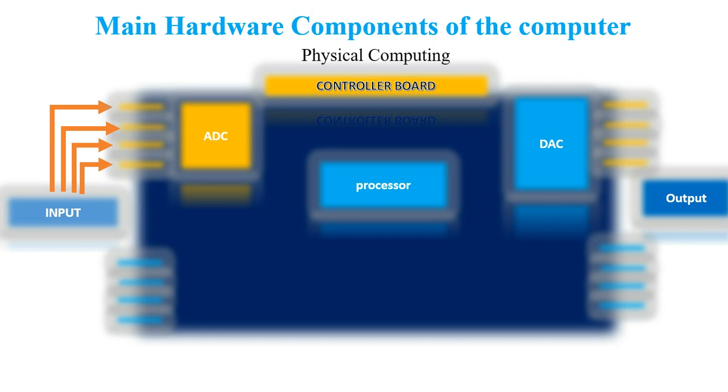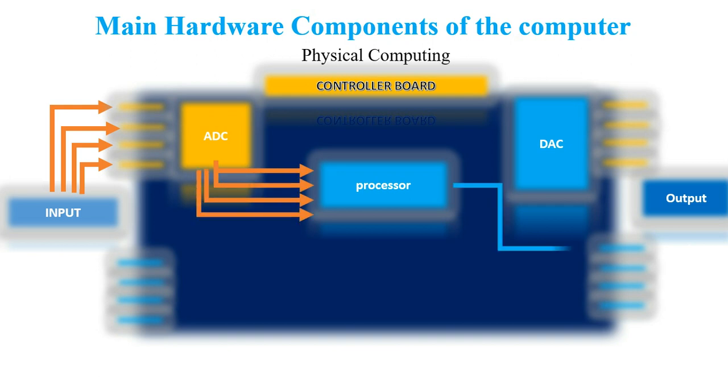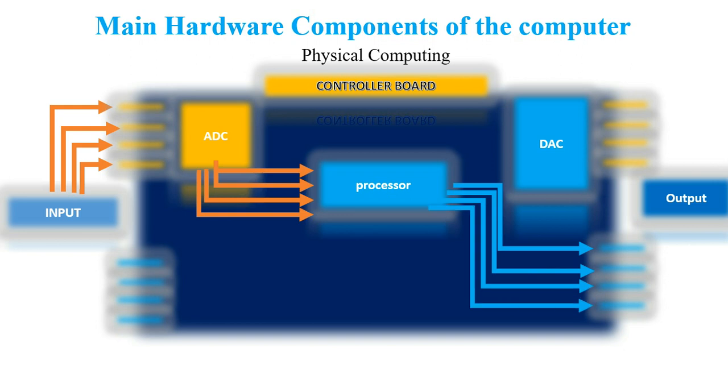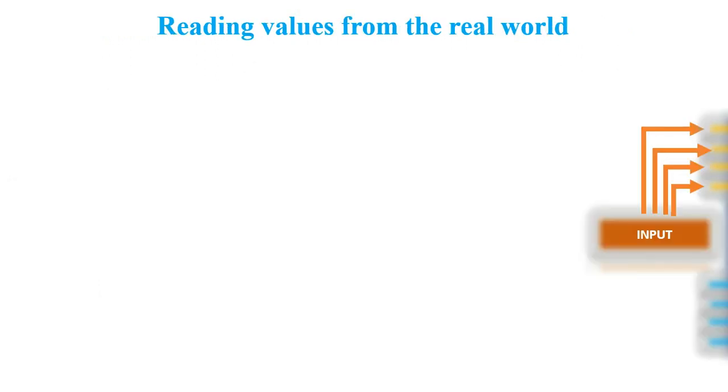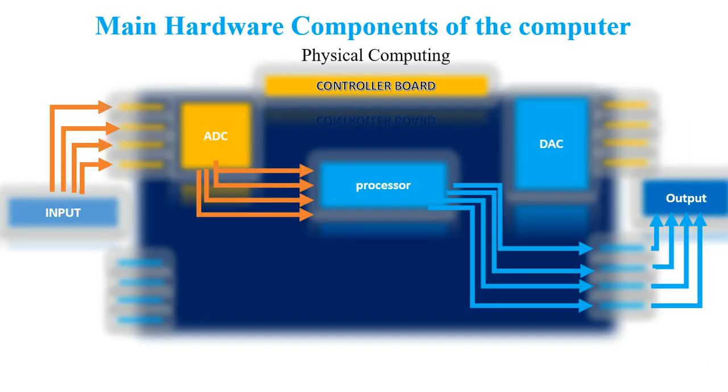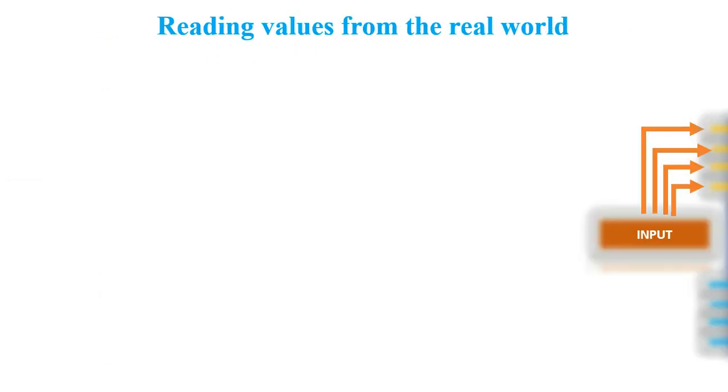The analog to digital converter does its job and sends the signal to the processor, which takes the signal to the output. Because the signal is already converted to digital, we can send it to the output as digital.